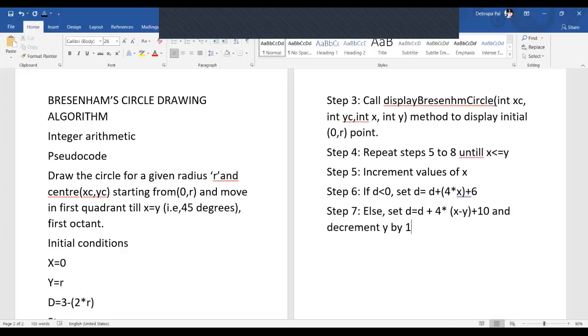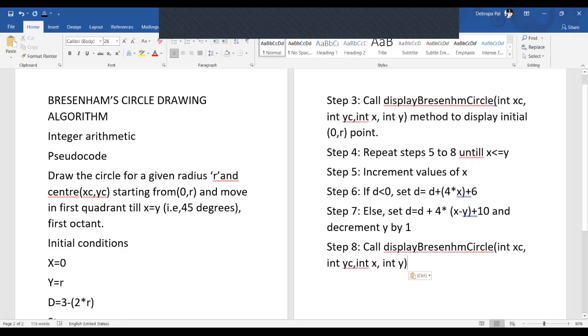That means the value of y will be decremented by 1. Now we will go to the next step. Remember that steps 5 to 8 will get repeated. We will again call this method.